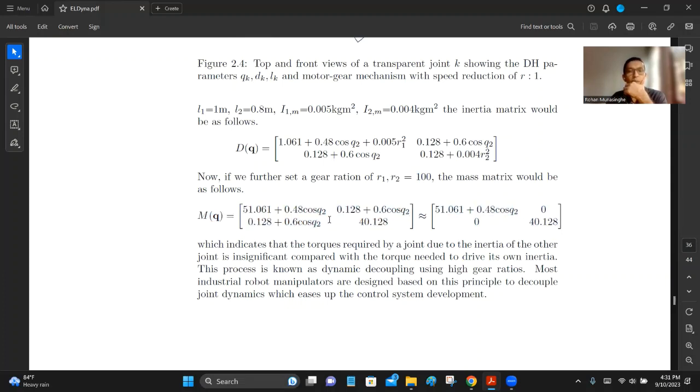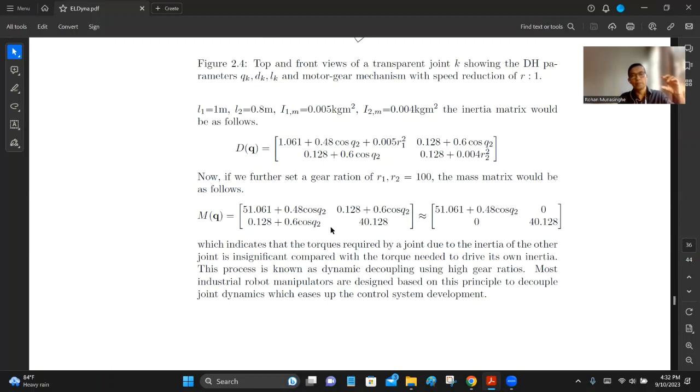So what do you see? You get this one: 51.061 plus 0.48 cos Q2, and 40.128 along the main diagonal, and off the diagonal you see 0.128 plus 0.6 cos Q2, and again 0.128 plus 0.6 cos Q2. You can see that the off diagonal elements are getting increasingly smaller compared with the main diagonal elements.